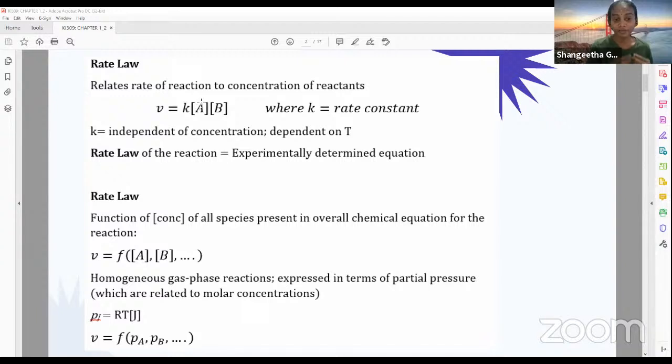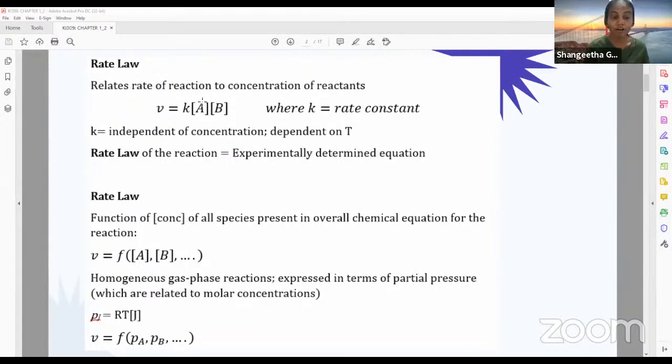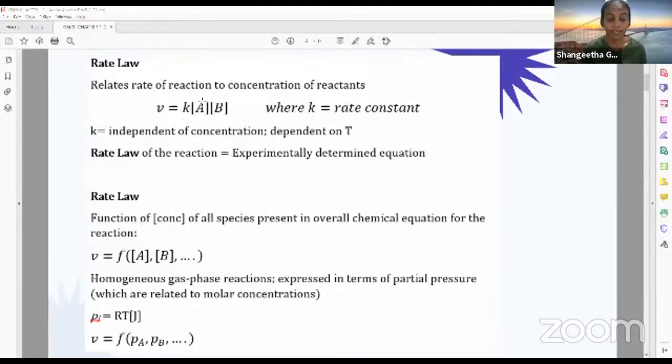The rate law of the reaction is an experimentally determined equation. This expression of rate law or rate equation is experimentally determined. You need to carry out certain experiments in order to determine it, and then only can you calculate your rate constant.